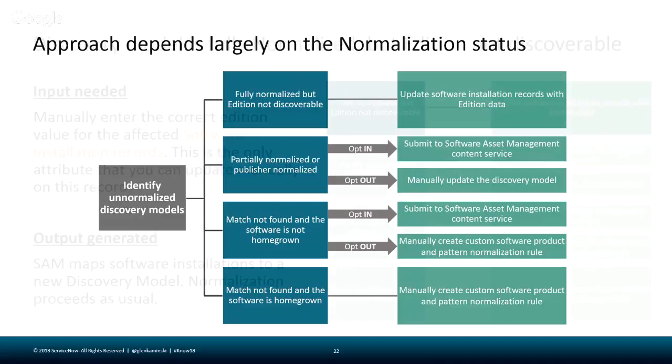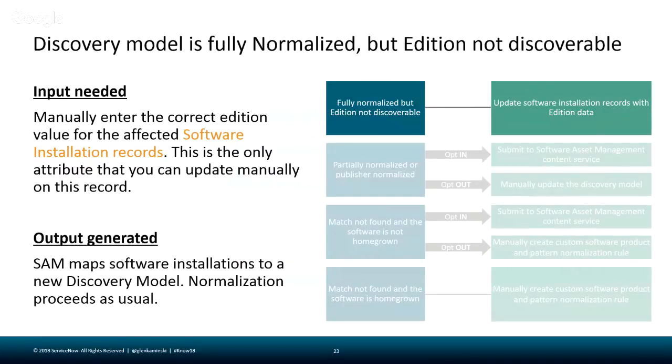So the first is, if you have a discovery model that is fully normalized, in other words, it's matched against a discovered publisher, discovered product, discovered version, but the edition is not discoverable. When we're talking about edition, we're talking about things like Microsoft Visio Professional 2016 versus Standard. It's that kind of fourth dimension.